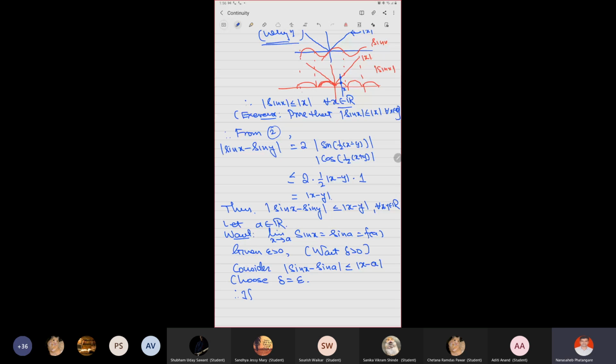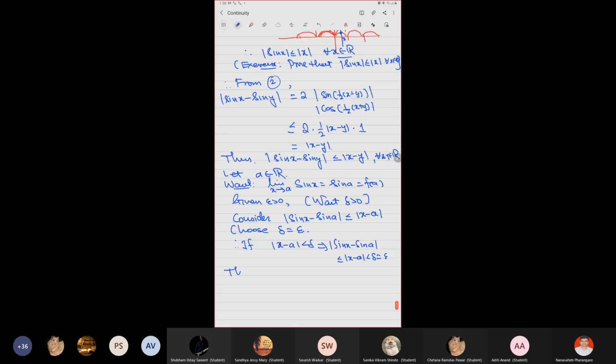Therefore, if the distance between x and a is less than delta, then the distance between sine x and sine a is less than or equal to the absolute value of x minus a, but x minus a is already less than delta and delta is equal to epsilon.